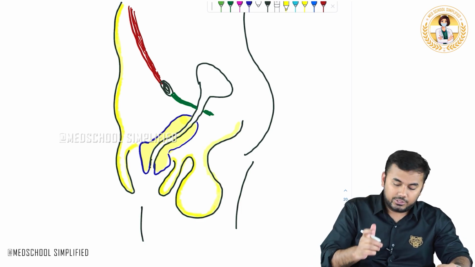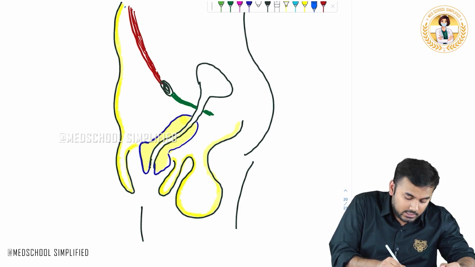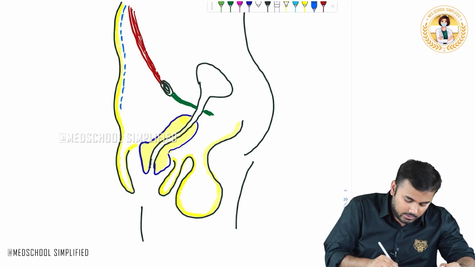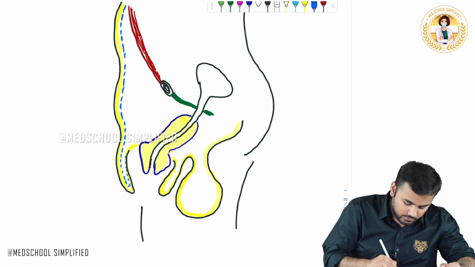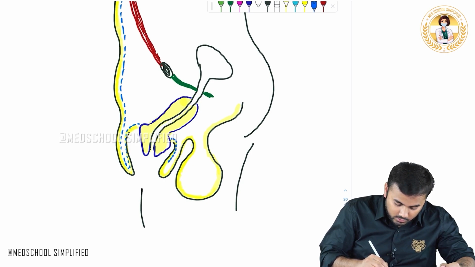And just beneath that we have Scarpa's fascia. Scarpa's fascia is membranous. See, this is a membranous fascia which I am drawing down. This is your Scarpa's fascia all over.